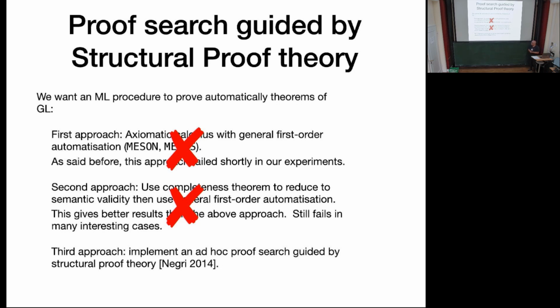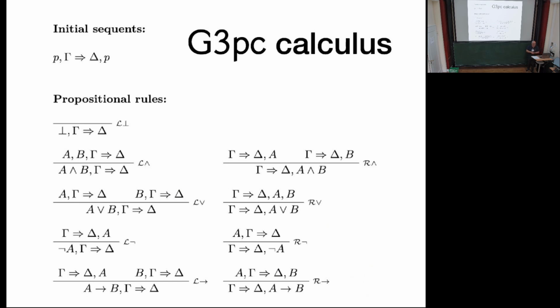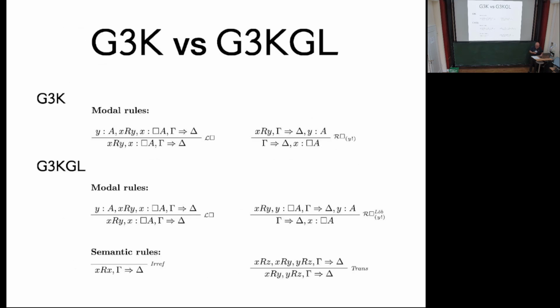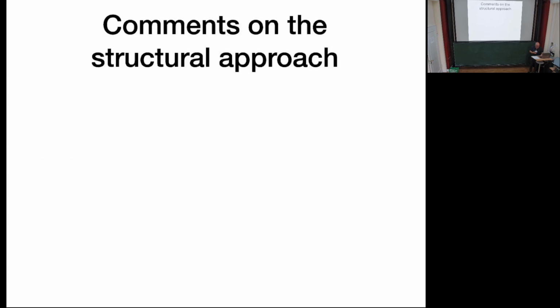And the best approach, something that is known in the literature, is using an ad hoc proof search which is guided by structural proof theories. There is a work by Sara Negri from 2014 that gives a calculus for GL that can be used for this. So what we did is use this calculus. Let me skip some details about the rules of the system.